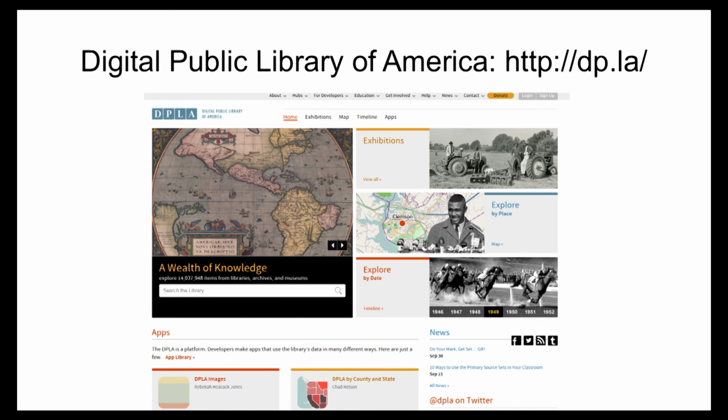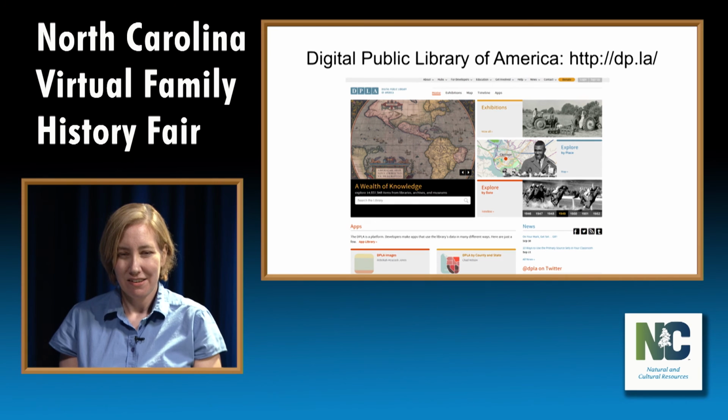Another resource that I wanted to let everyone know about is the Digital Public Library of America. What this site does is it searches across a lot of digital collections across the country. So the content that the State Library of North Carolina and the State Archives of North Carolina have online is available and searchable through this, as well as the Digital Heritage Center's information.